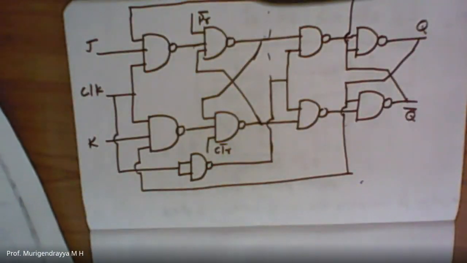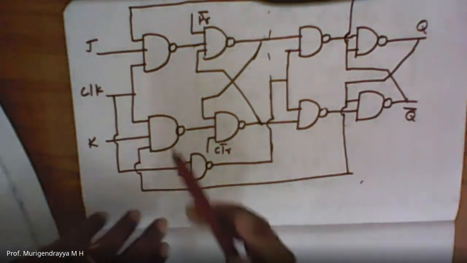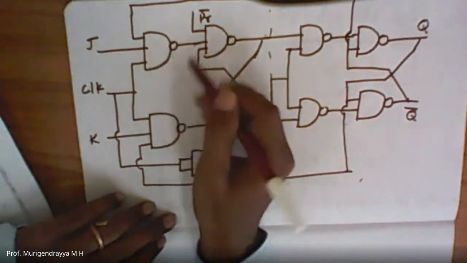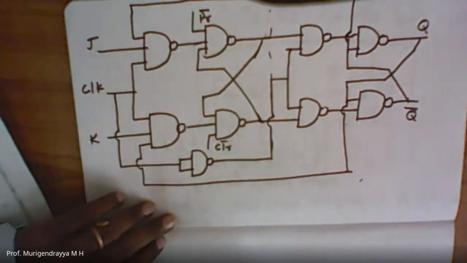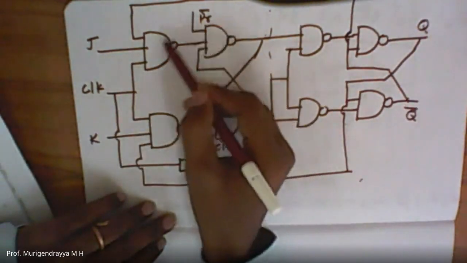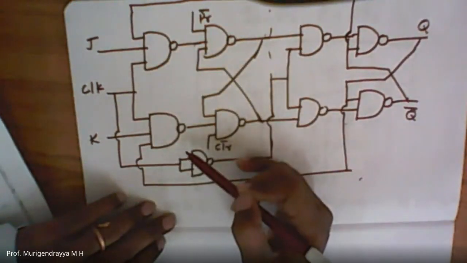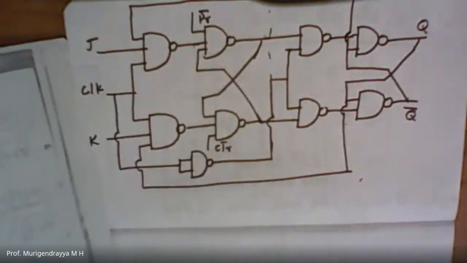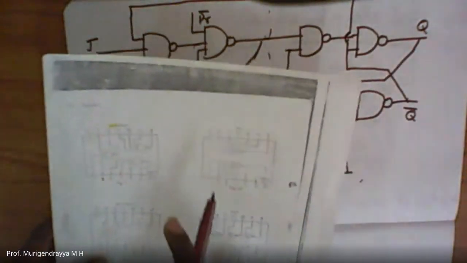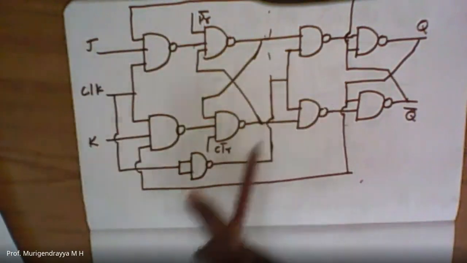Okay. Now we have to take the gates from the particular IC. We have 4 3-input NAND gates in this design, right? But if I take one IC, that IC will have only 3, but we need 4 NAND gates.